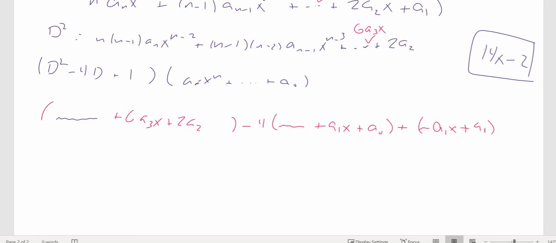All right, so thinking about all my like terms, we're going to have lots and lots of stuff, okay? And then for my degree 1 terms, it'll be 6a3 minus 4 times a1, plus a1.